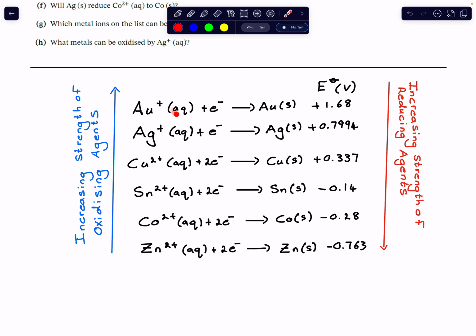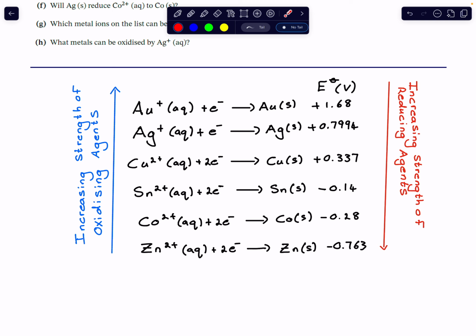So you can see we start with gold, which has the highest half cell potential, all the way down to zinc, which has the lowest, in other words, the most negative half potential of the lot that we're given in this question.